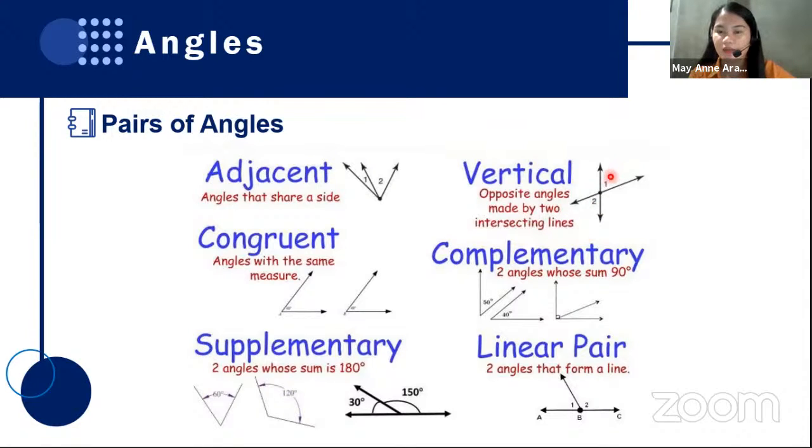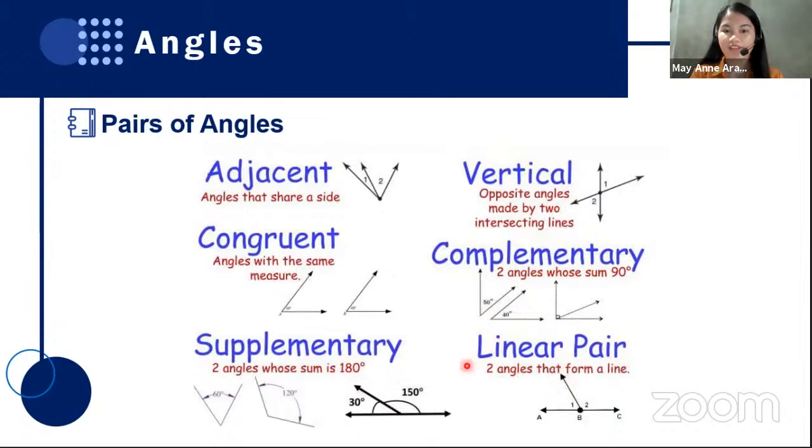So we have here angle 1 and angle 2, so they are called vertical angles. And for complementary angles, these are two angles whose sum is 90 degrees. So we have here an example, 50 degrees and 40 degrees. So 50 plus 40 is 90. So these angles are complementary.